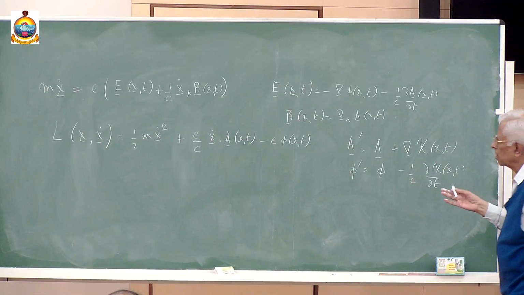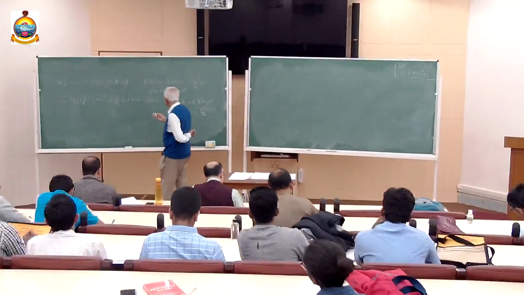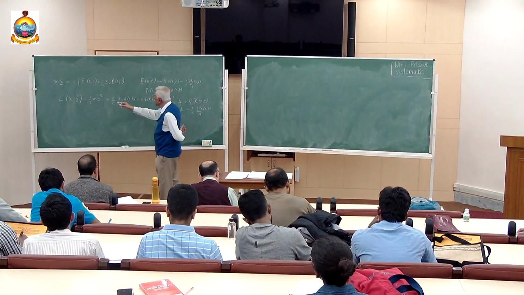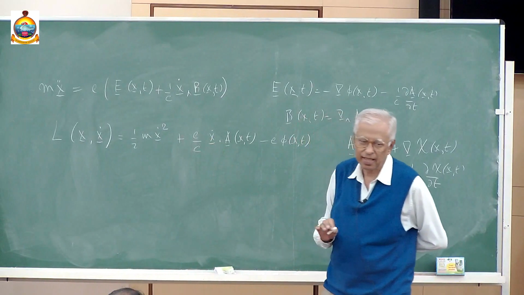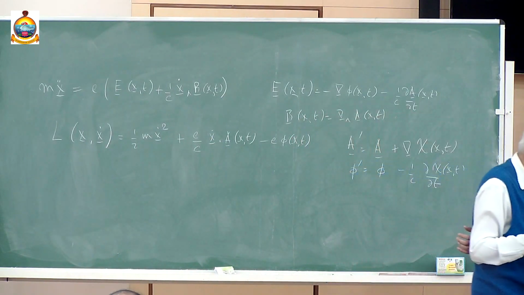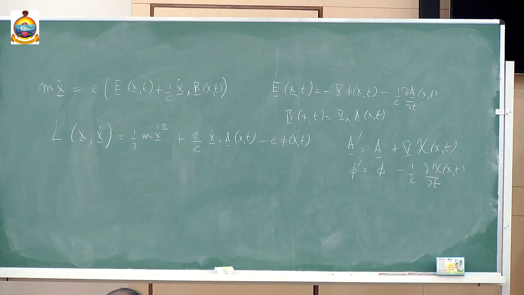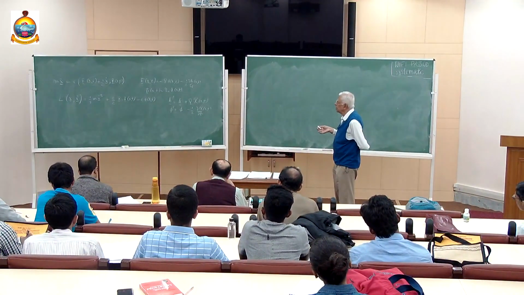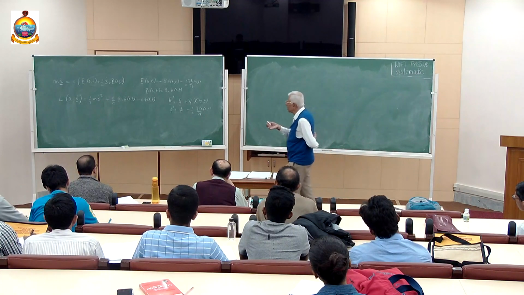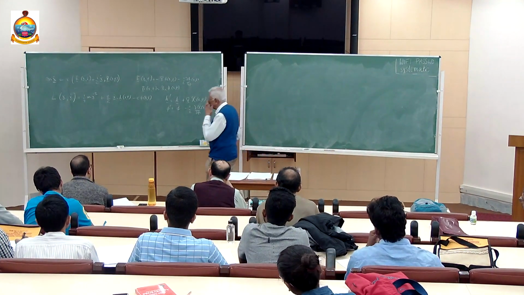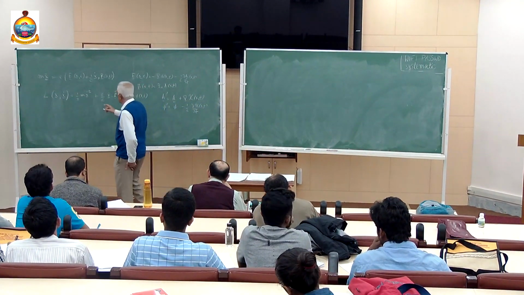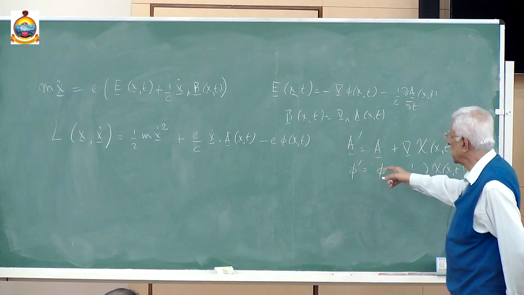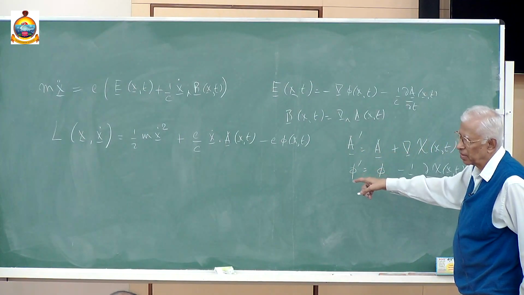So, the question is, what if I use A prime and phi prime instead of A and phi in constructing the Lagrangian? Obviously, it is not going to affect the equation of motion because they involve only E and B. Please do a simple calculation to find out in what way this Lagrangian changes if you replace A and phi by A prime and phi prime.